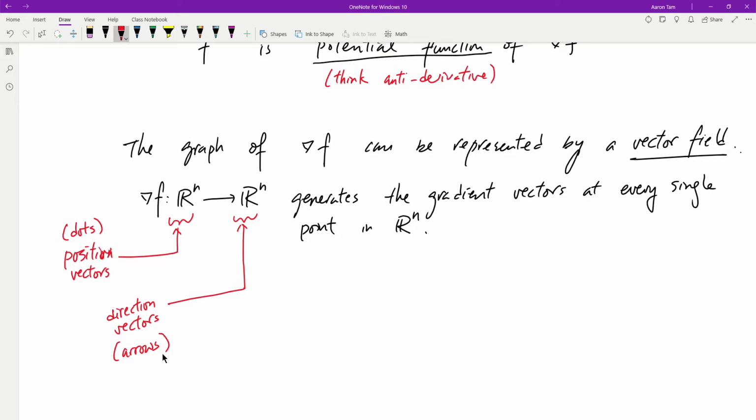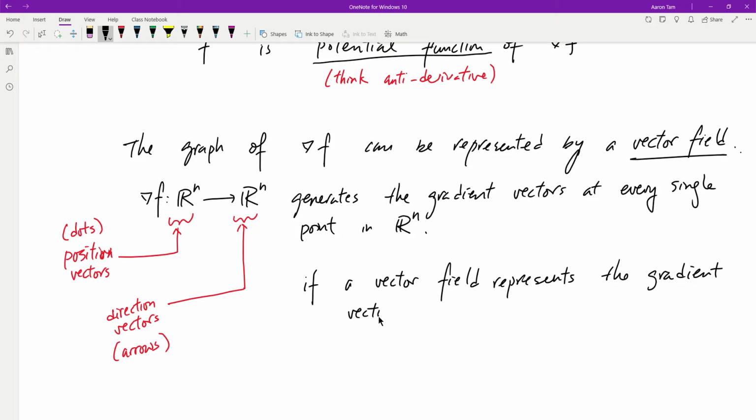Okay? So when a vector field represents a gradient, it is more uniquely referred to as a gradient field. If a vector field represents the gradient of some function, then it is called a gradient field.